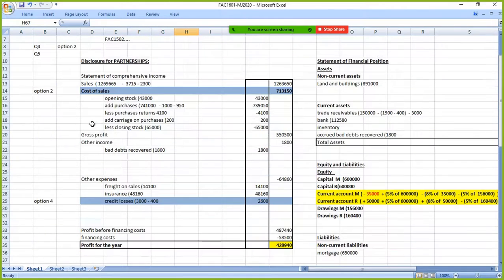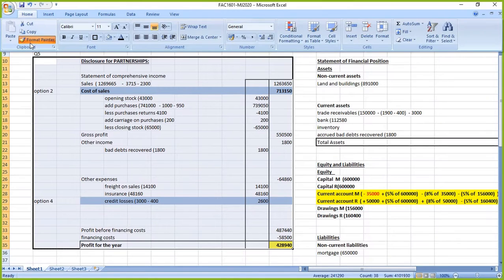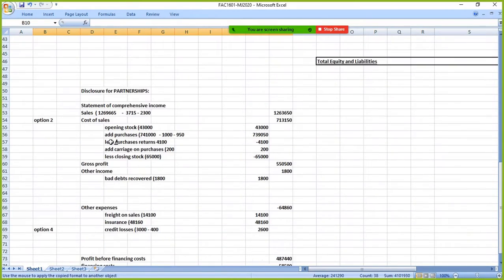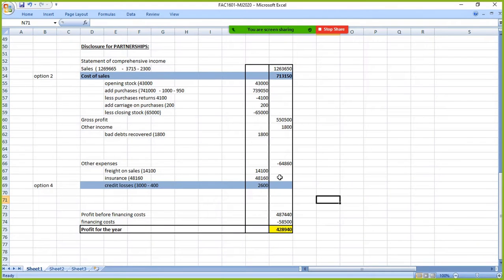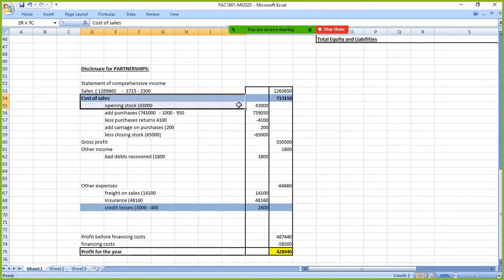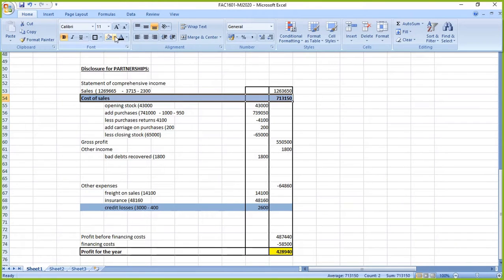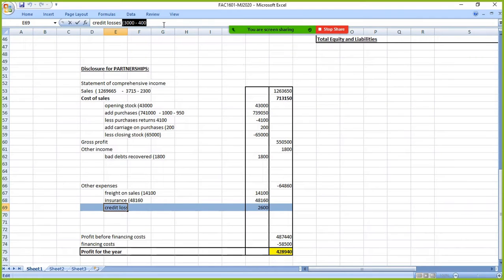Let me just paste the format as well. Okay, so they're saying assume everything as is, except make this 1,000.